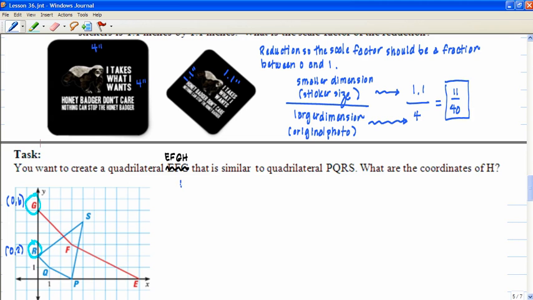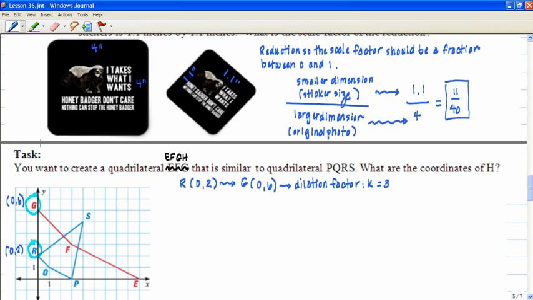So we've got R, that's 0, 2, and that is corresponding to point G, which is 0, 6. So it looks like a dilation factor. Remember, the dilation factor is denoted with a lowercase k. It looks like from R to G is getting 3 times bigger.